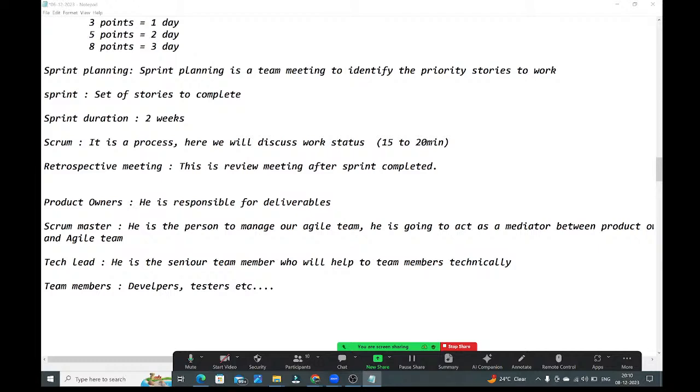That's why for everything we should have proper documented confirmation, mail confirmation, or changes in the design documents. Then only, as developers or DevOps engineers, we need to work. Don't do anything based on verbal words.